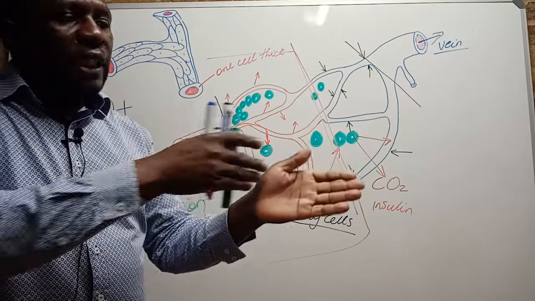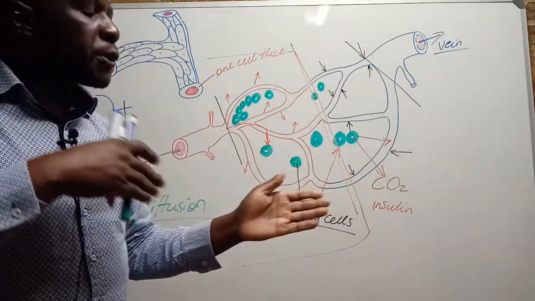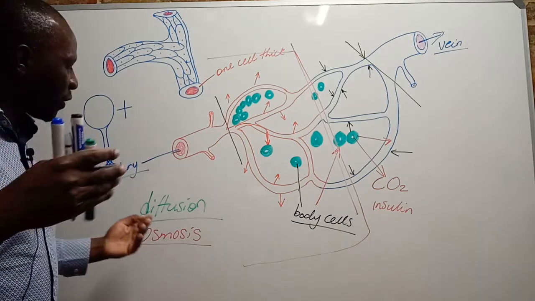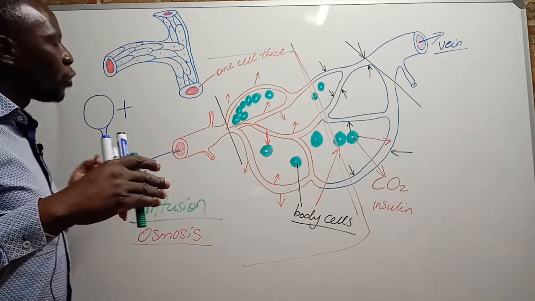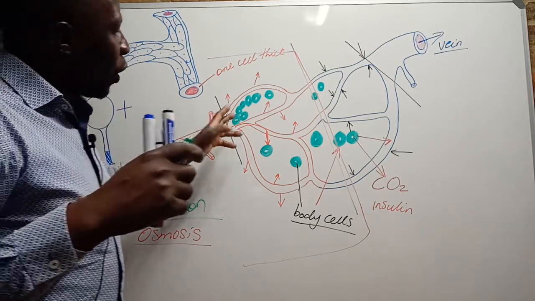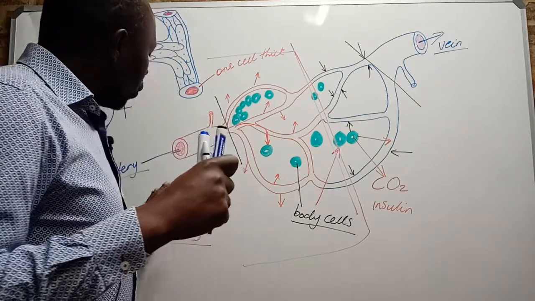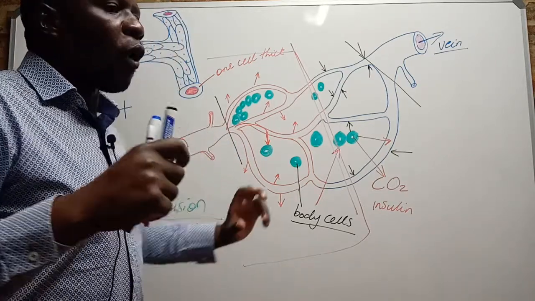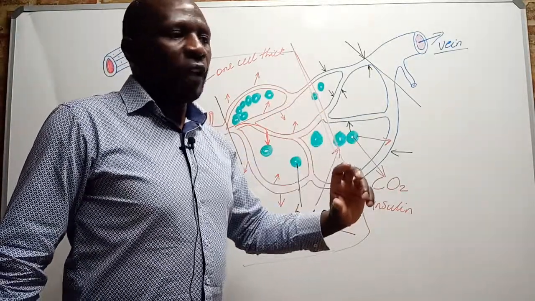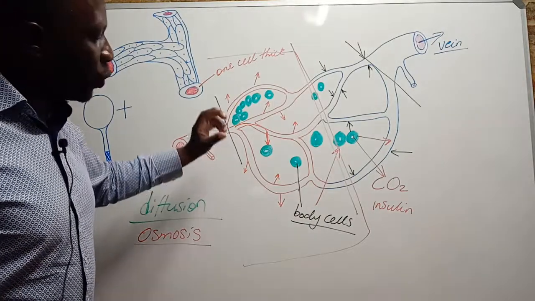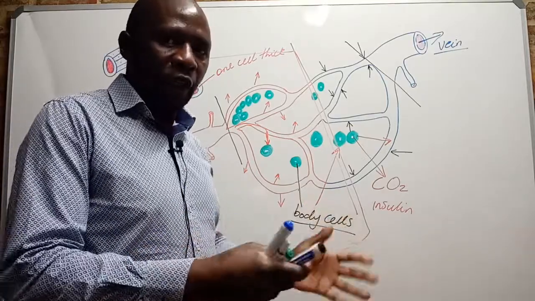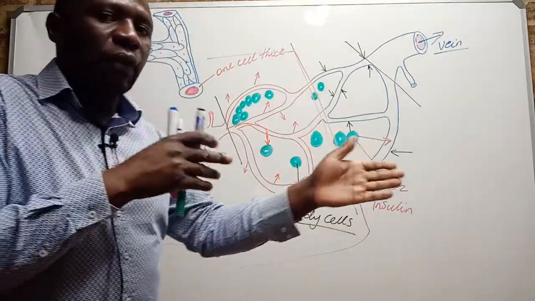By making a single file formation, this boosts the process of diffusion and osmosis. For example, oxygen will have to move from the capillary veins to our body cells through the process of diffusion. Oxygen will easily diffuse from our capillary vein to our body cells because the red blood cells which are containing oxygen are in a single file.